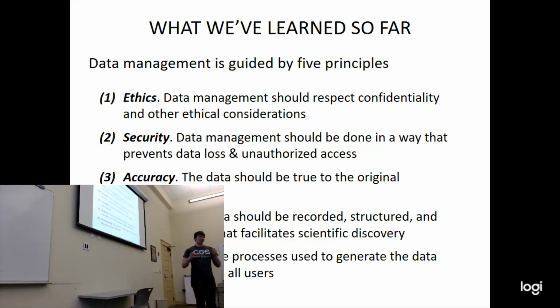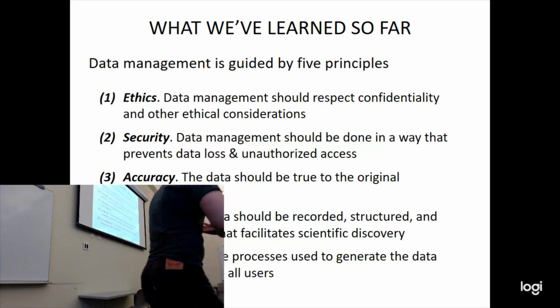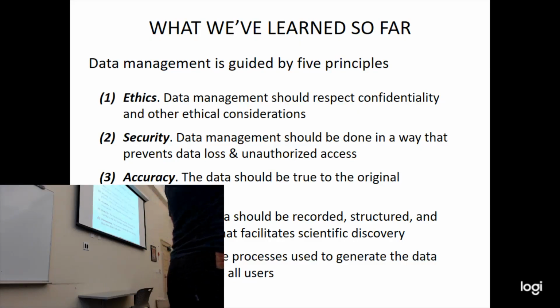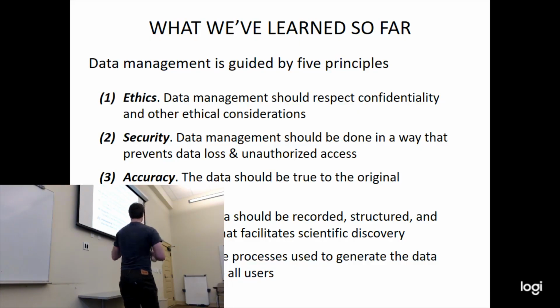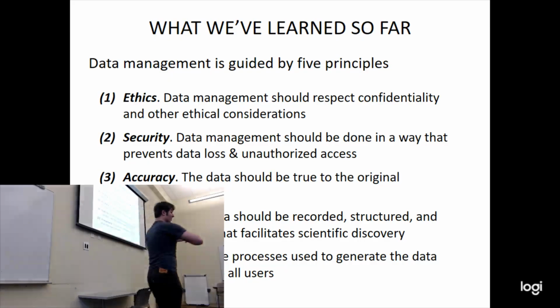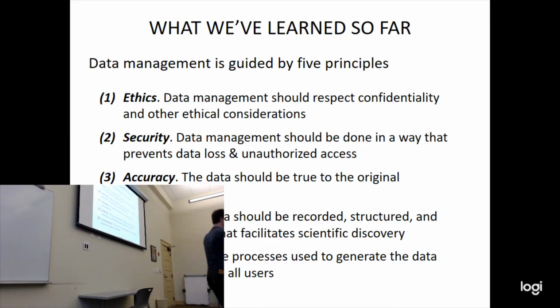Accuracy, so protecting yourself against coding errors. Usability, so making sure that your data can actually be used for useful purposes after they're reported. And transparency, so making sure that we're being clear about the processes that went into producing a given data set.